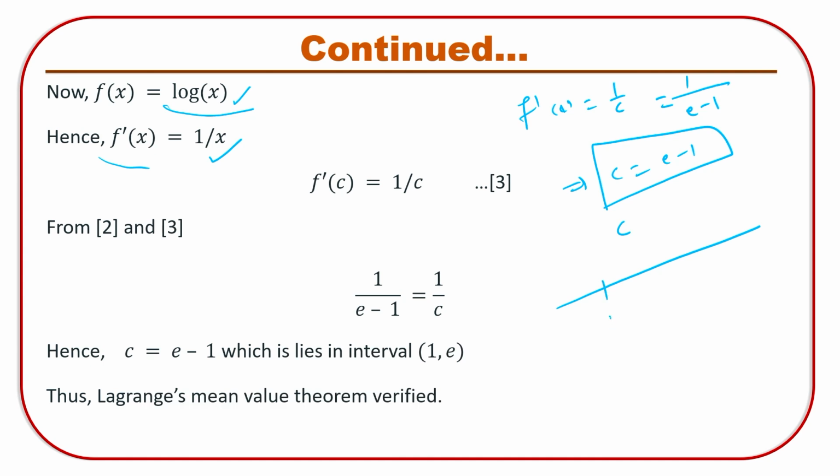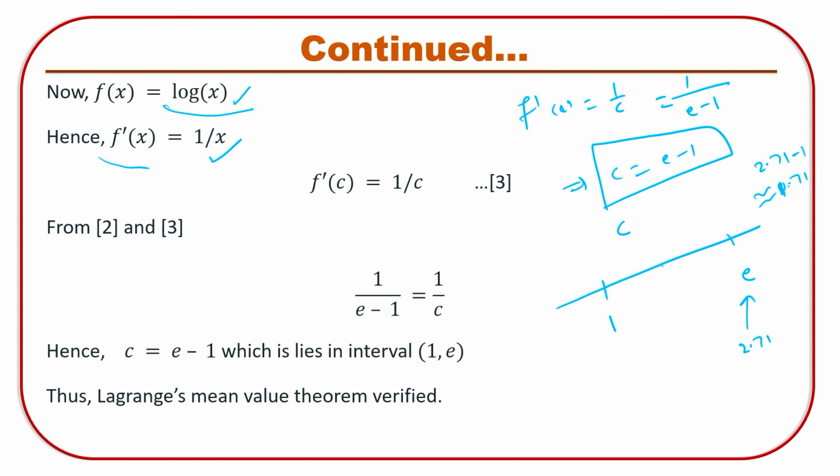The interval was 1 to e, and e I took approximately 2.713, so what will be the value of e minus 1? 2.713 minus 1 is roughly 1.71, right?